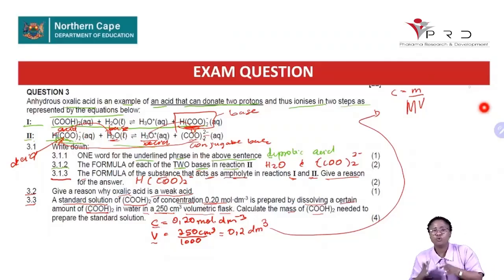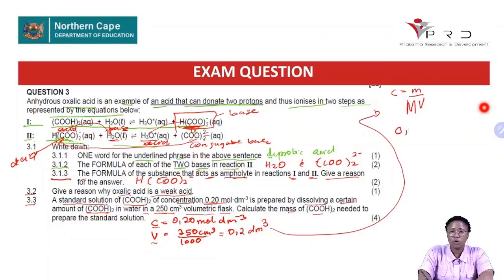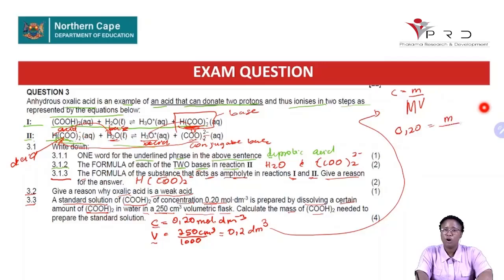From the number of moles, go to the formula n equals m over molar mass to calculate the mass that will be needed to prepare a standard solution. So let's go to this formula. How much is the concentration I'm given here? 0.20 is equal to, I'm looking for the mass of (COOH)2.